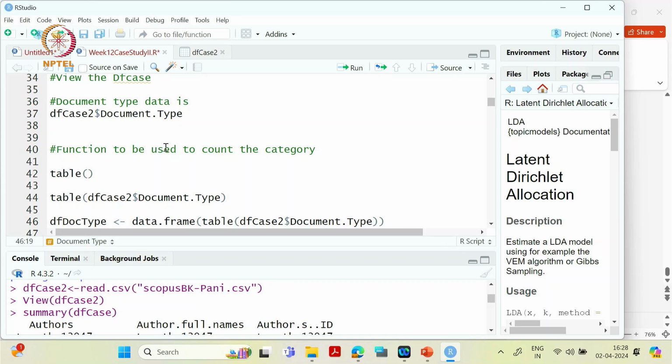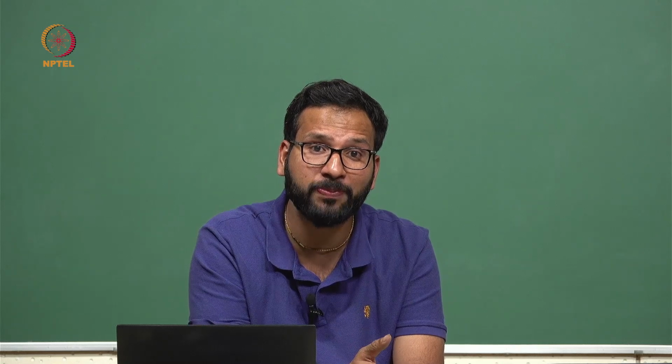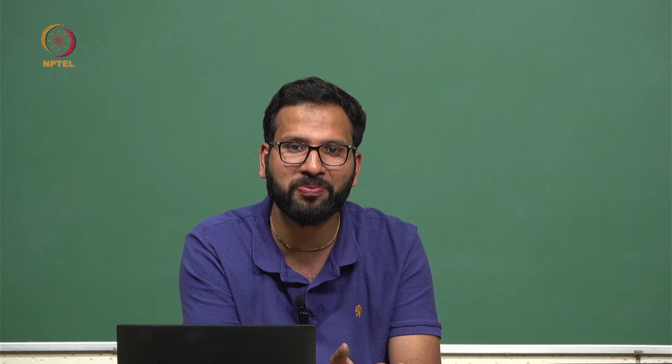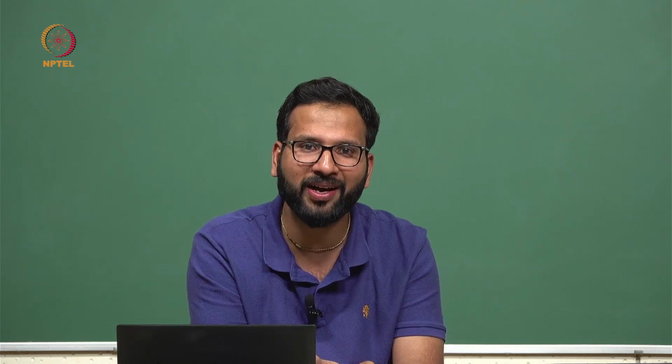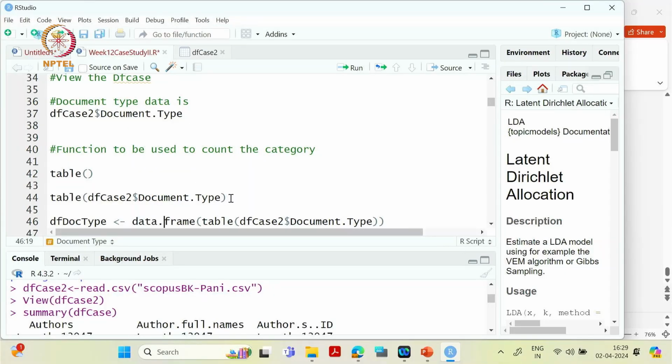Now what function will we use to count the occurrence, like the number of occurrences of articles, conference papers, or maybe book reviews? The one function we have used most of the time for counting occurrences, what is that function? The table function. We will use the table function.